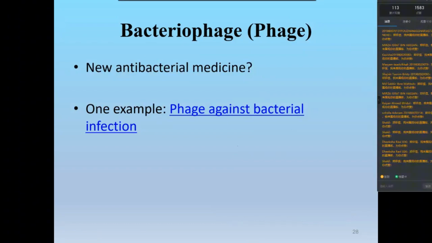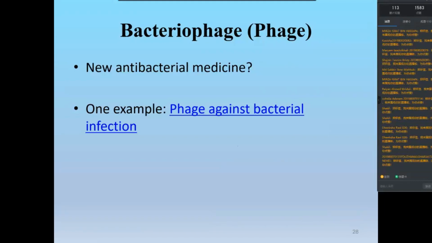Actually, before the time of antibiotics, that's early last century, in the 1930s or 1940s, some countries, some labs did a pretty good job studying bacteriophages, because they knew that some phage are lytic, and they thought it reasonable to use a bacteriophage to infect the bacteria and use the phage to lyse the bacteria, which is a pathogen. So they can treat bacterial infection with phages.